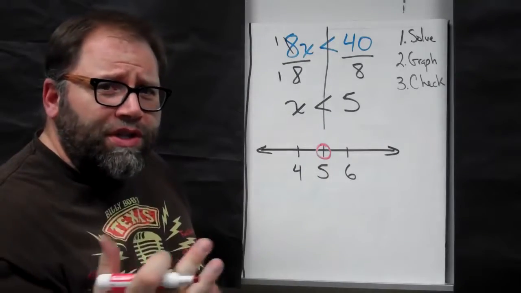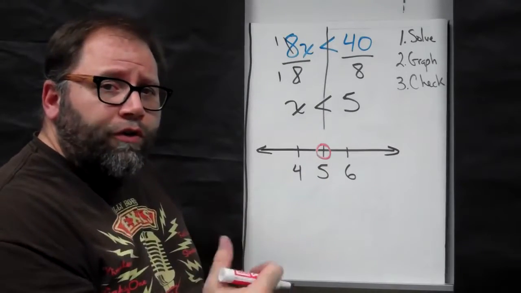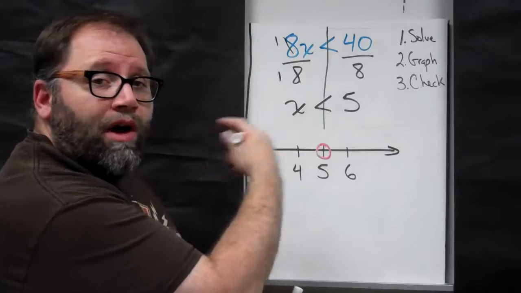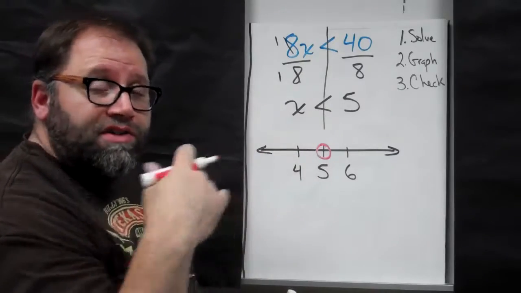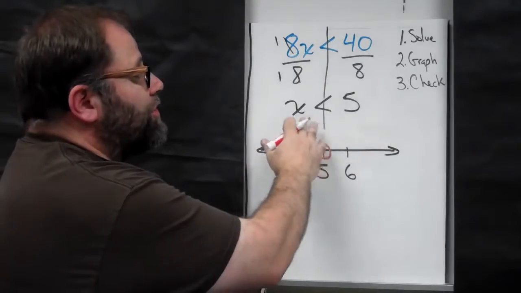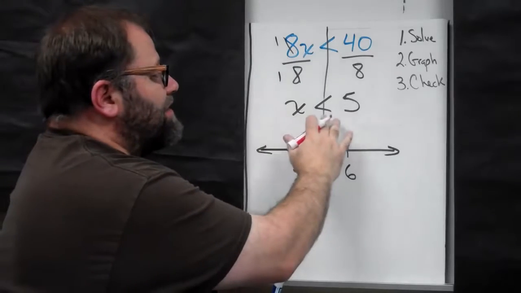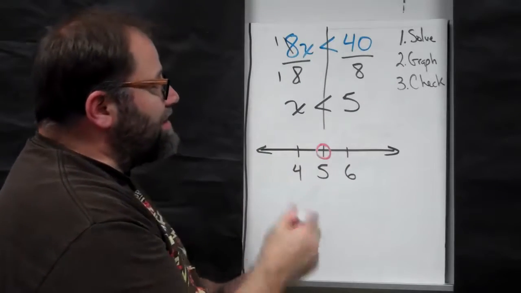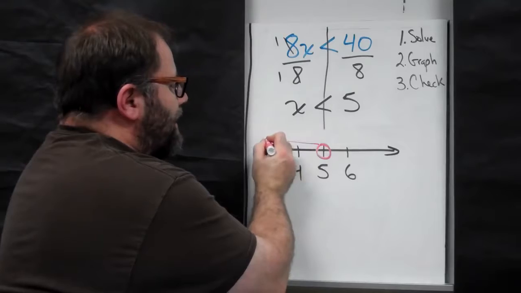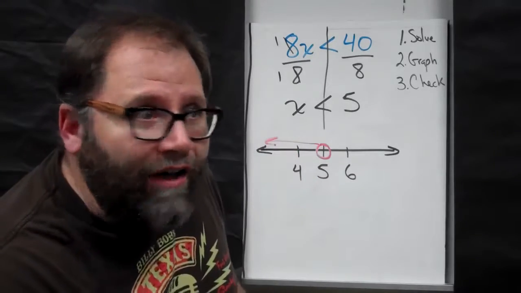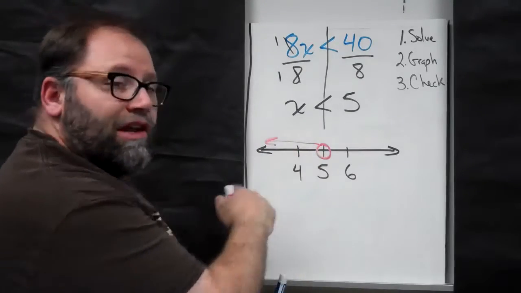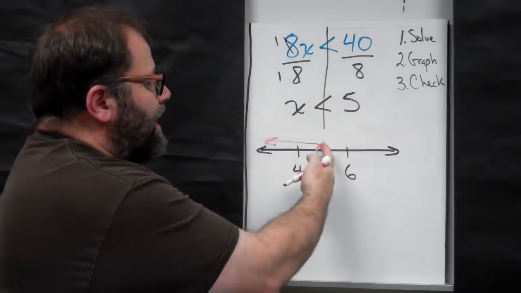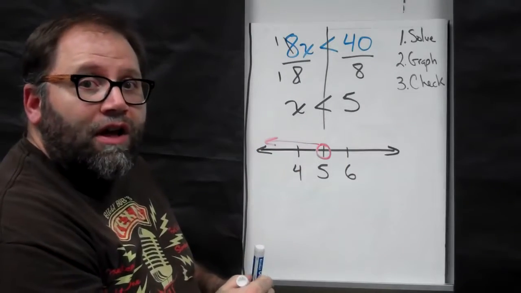And then make sure when you're doing these, you're not using a 4th grade trick of saying, oh, well, it points that way, so I graph it that way, or a 6th grade trick. Make sure you're actually reading it. So it's x is less than 5. So if it's less than 5, I know it's the numbers that are less than 5. So we do not include 5 because there's no equals to. And we draw the arrow going off to the left.